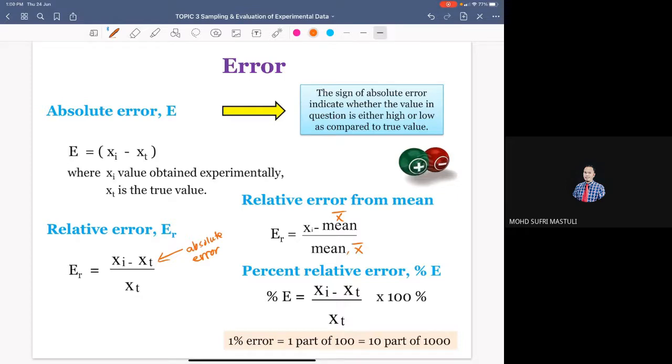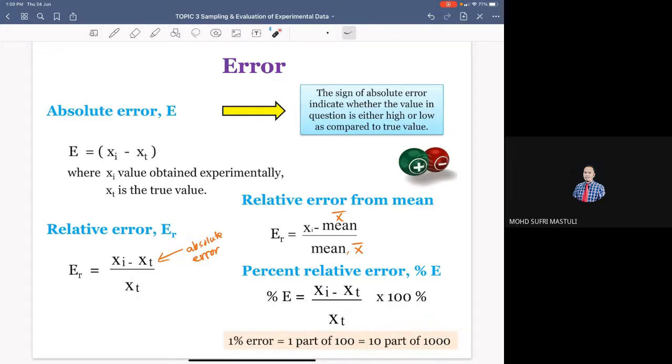Percent relative error is the relative error, absolute error divided by true value, times 100%. So 1% error means 1 part of 100, or 10 parts of 1,000.